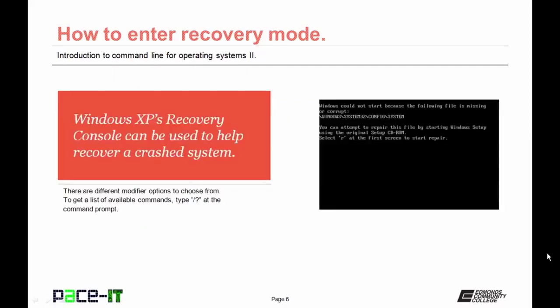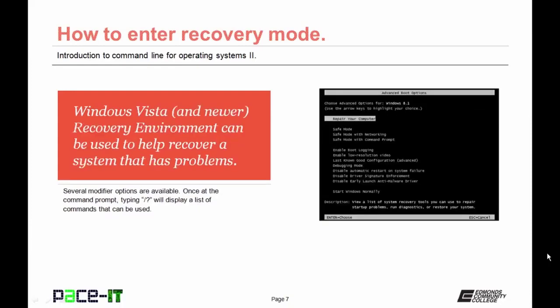Now let's talk a little bit more about the recovery console in Windows XP. You use it to help recover a crashed system. Once you bring it up and you have the command prompt, you can always type /? and then enter to find out the list of commands that are available to you from this command prompt.